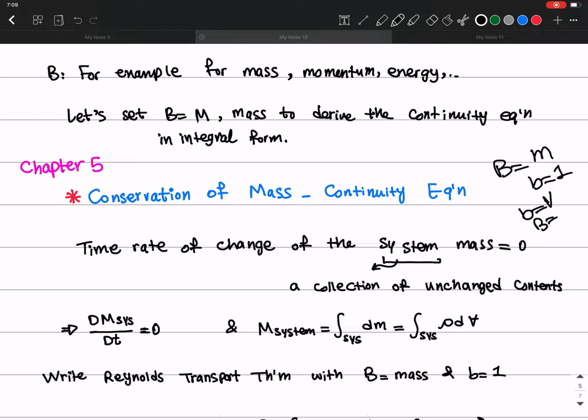So big B is going to be MV, okay? And using this, I'm going to derive the conservation of linear momentum equation, okay?